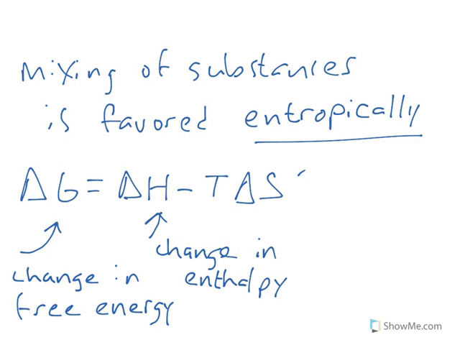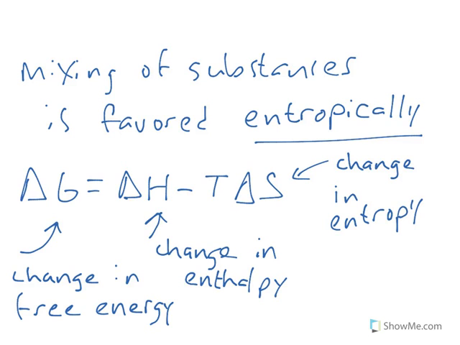T, of course, is temperature, in absolute temperature, by the way, so it's in Kelvin, so the temperature can never be zero. And the delta S is the change in entropy.